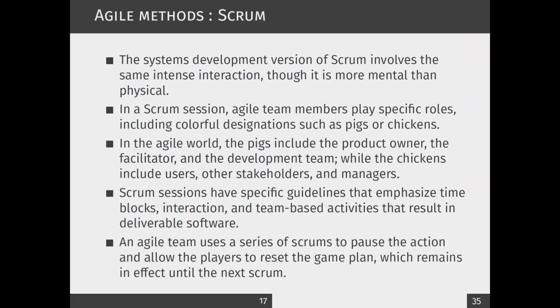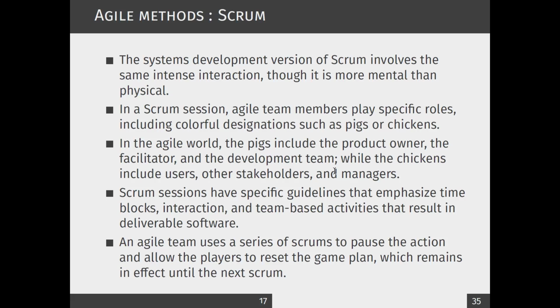Right. So Scrum, again, has a few ways that it works. For example, it has particular designators like pigs and chickens. Pigs are those who own the product: the product owner, who we can also call the facilitator, and then the development team.